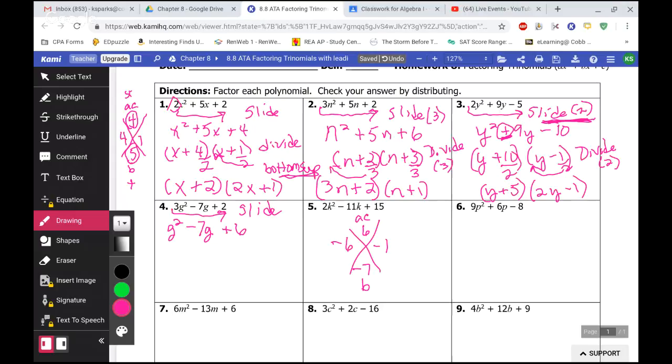Because a negative times a negative is a positive, and a -6 and a -1 combine together to give you a -7. So now we have g minus 6, g minus 1.